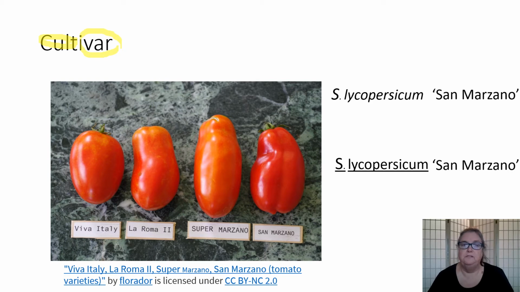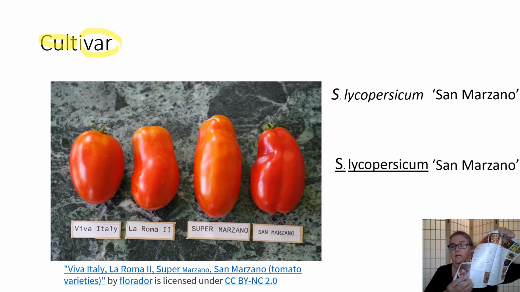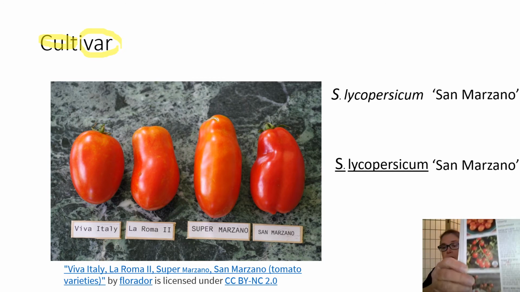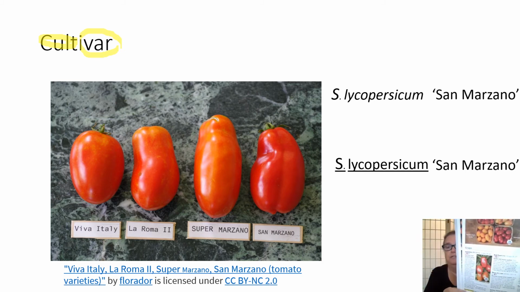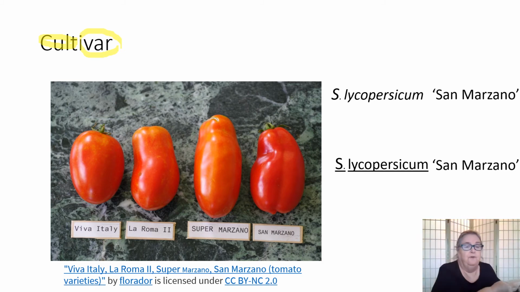These are all tomatoes, but they have different names. This is even within a group. In tomatoes, there's so many tomatoes. I just got the seed catalog today. There are some tomato cultivars. These tomatoes go on for pages and pages. We have hundreds of cultivars of tomato.